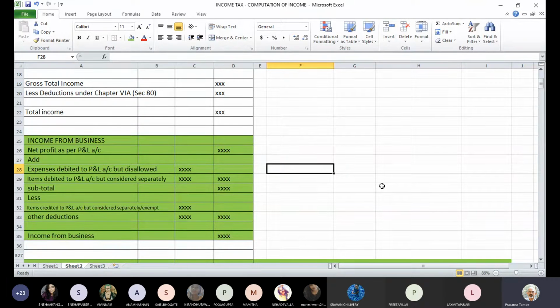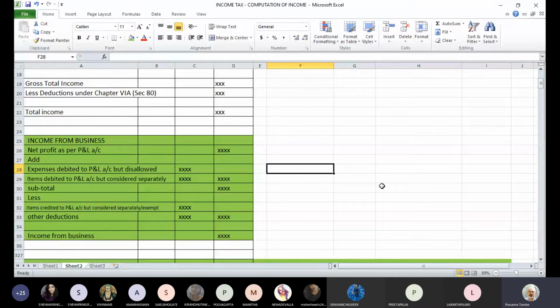And once you do these adjustments, what you will get is income from business, which is essentially your net profit, but adjusted for provisions of law as per the provisions of income tax. So if you are given either profit and loss account or income and expenditure account, our starting point is going to be net profit or surplus as per income and expenditure account. We add back all those items which are debited to P&L account but which are not allowed as deduction.